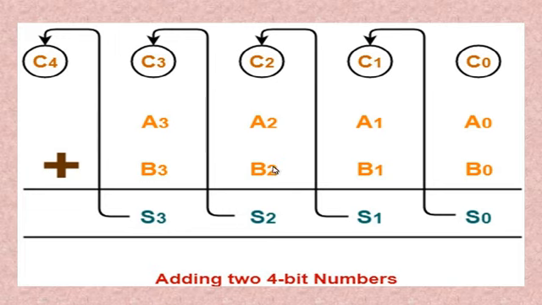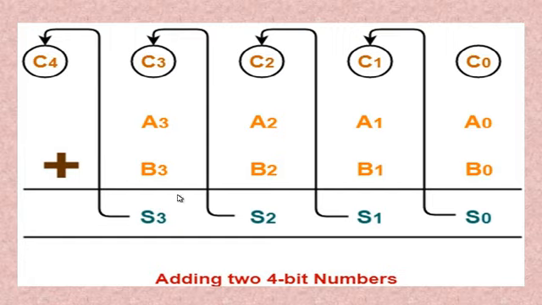Okay. Now these are only representations with alphabets. Now let us see how to perform this addition with numbers. Students, you can use any alphabets to represent the augend, addend and the resultant sum.